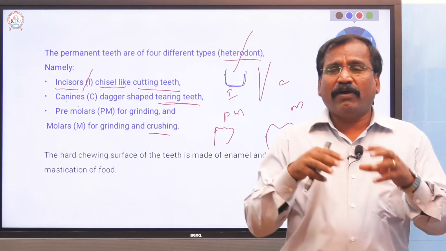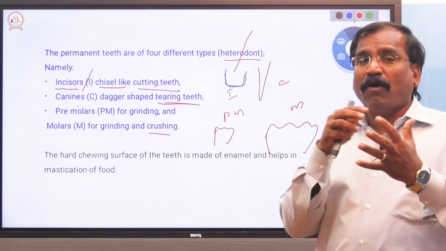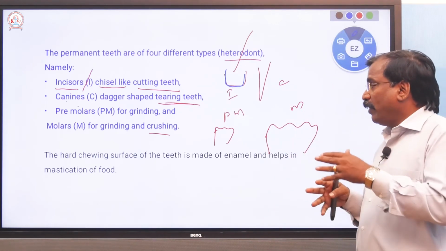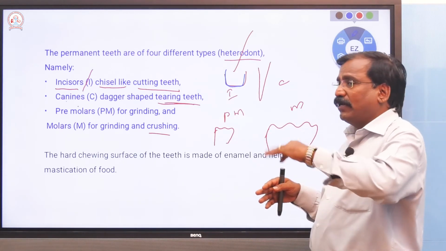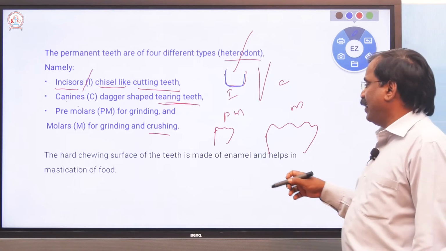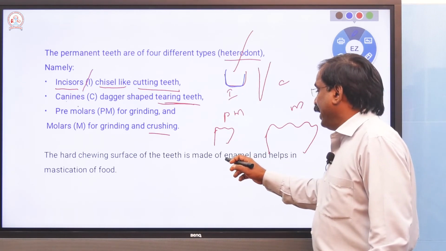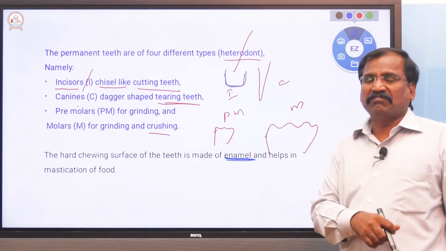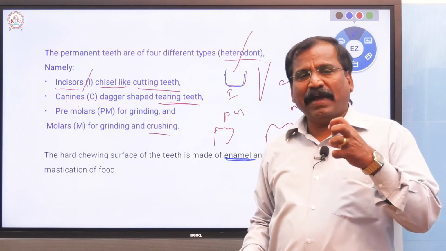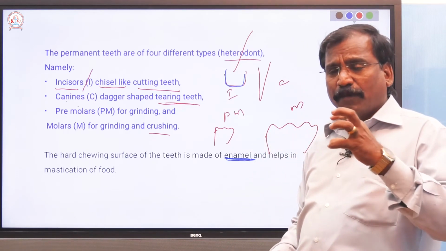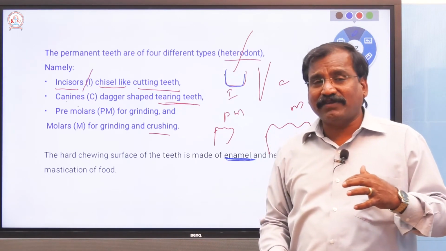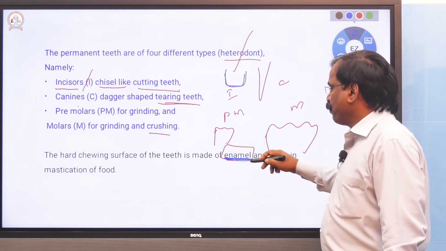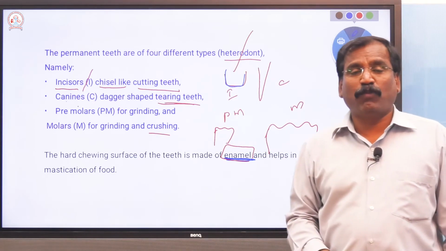In order to grind, the grinding surface should be hard, so the teeth are covered with a substance called enamel. That gives strength, meant for mastication. The hardest substance in the body is enamel.